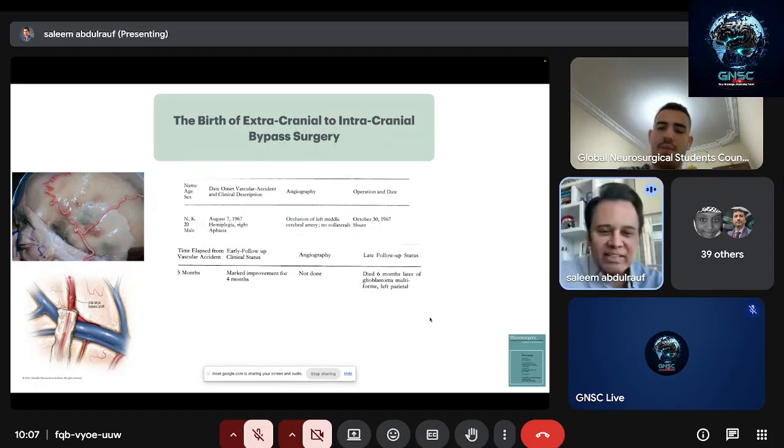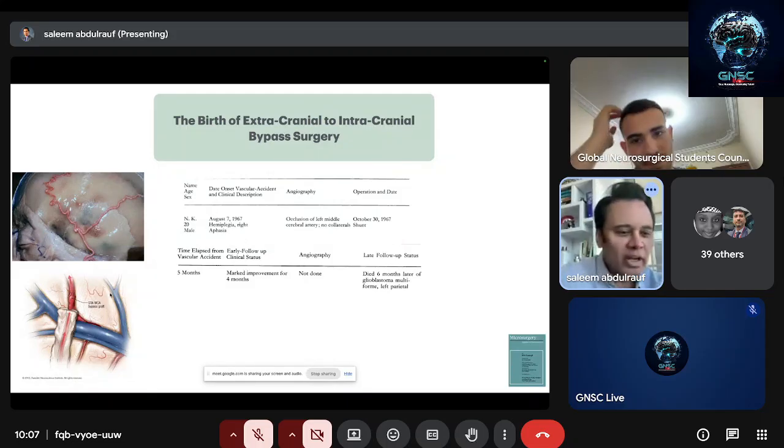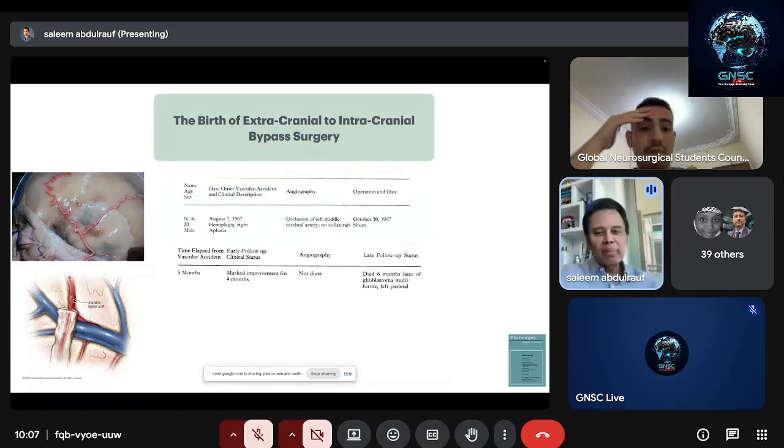On August 7th, 1967, he performed an operation, the first of its kind in human beings, where he took the superficial temporal artery from outside the temporalis muscle and attached it to the middle cerebral artery in a patient who had occlusion of the left middle cerebral artery from stroke. Not as bad as the case I showed you, but the left middle cerebral was occluded, and this was the first time ever this operation was conducted, okay?